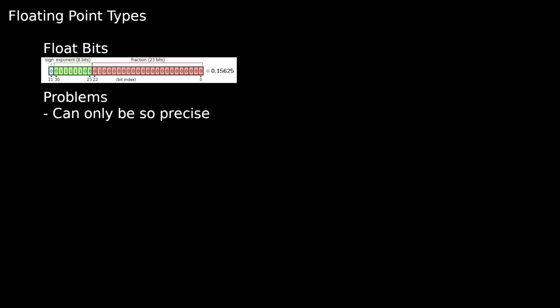Now, floating point numbers aren't without their issues either. Let's take a slightly deeper look at the float data type. Under the hood, a single bit is used as a sign, 8 bits are used to represent an exponent, and a further 23 bits are used to represent a fraction. This looks good and all, but unfortunately the simple fact is that floating point numbers cannot be entirely accurately represented in a binary format.